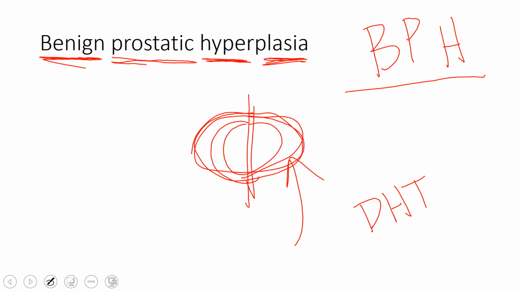And what converts normal testosterone into DHT? Something called 5-alpha reductase. So if a person has lots of 5-alpha reductase, then their testosterone is going to be converted into DHT, and this DHT is going to possibly give them BPH.